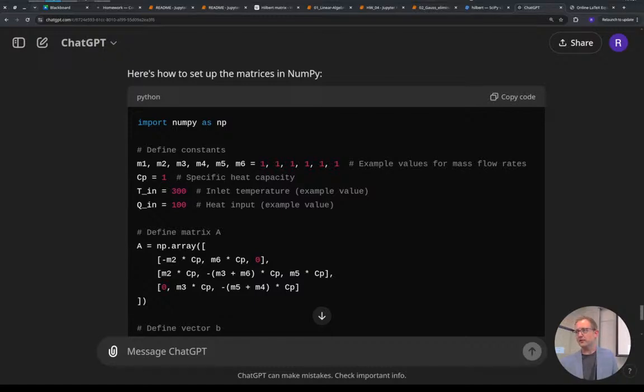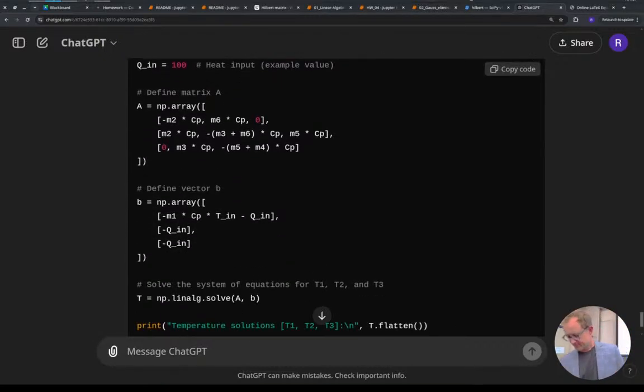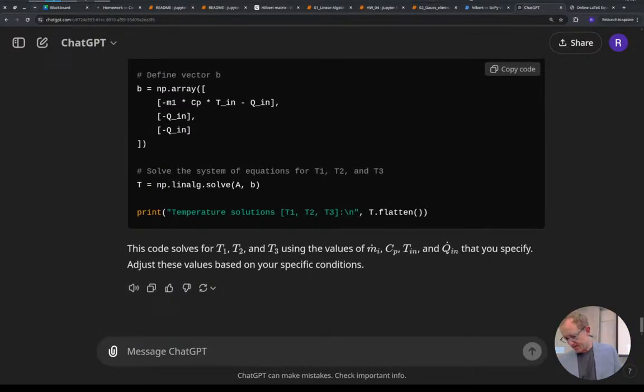That's pretty good. It knew this was some kind of steady state heat transfer problem, or really thermodynamics. Not bad. The world we live in. Pretty cool.